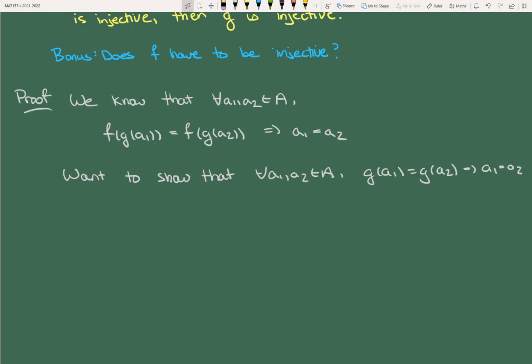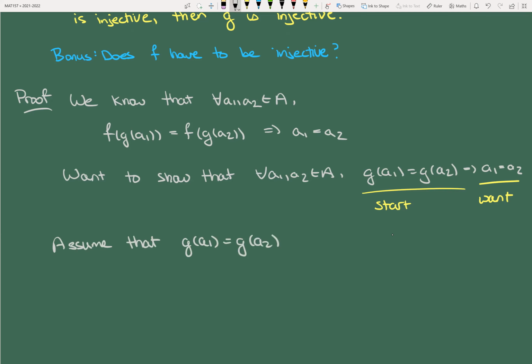Okay, so we're going to start here. We're going to start by assuming this is true, and this is what we want. So let's assume that g of A1 is equal to g of A2.